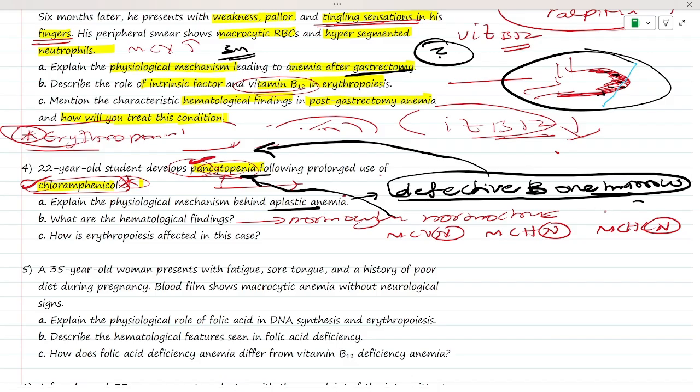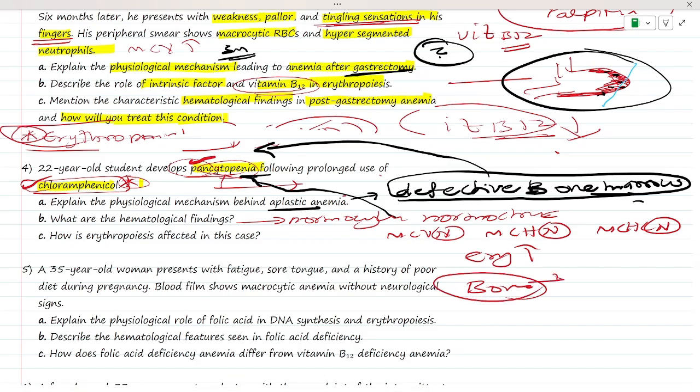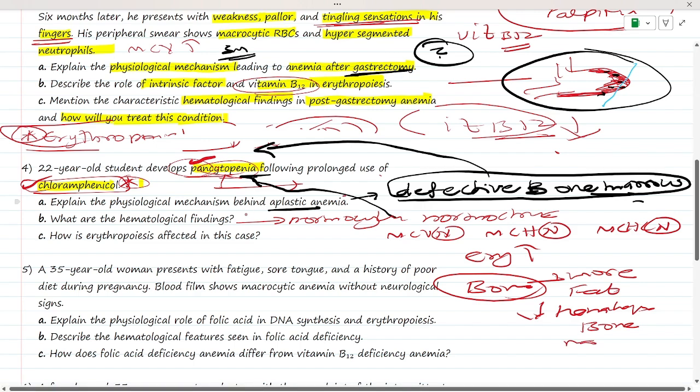Okay, now what are the other hematological findings? We have talked the erythropoietin is increased, and when we look at the bone marrow examination, more fat is deposited in bone marrow, and there are decreased hematopoietic stem cells in bone marrow. Okay, so what are the hematological findings? MCV, MCH, and MCHC are normal. There will be increased erythropoietin, and bone marrow examination reveals more fat and decreased hematopoietic stem cells.